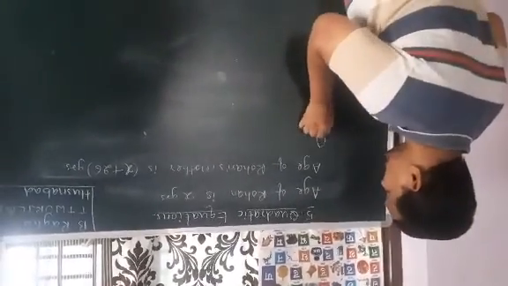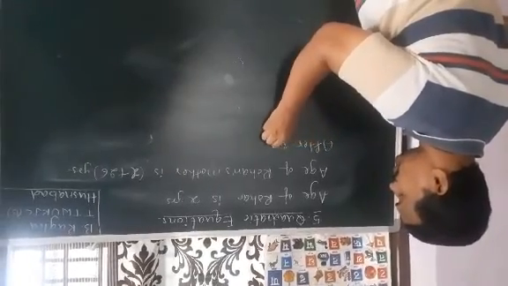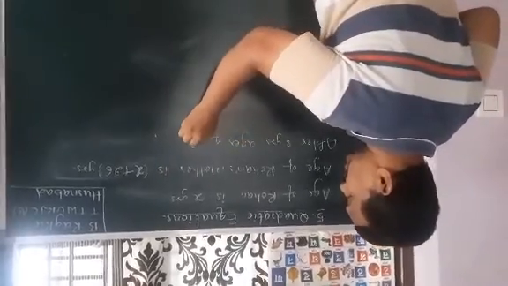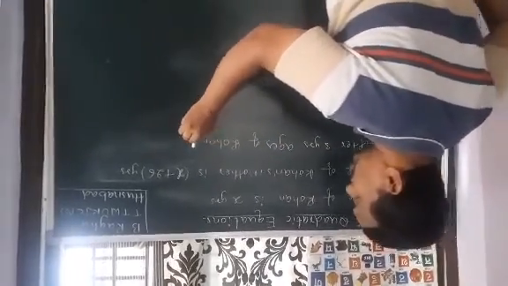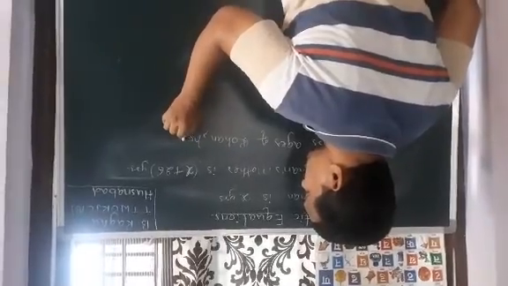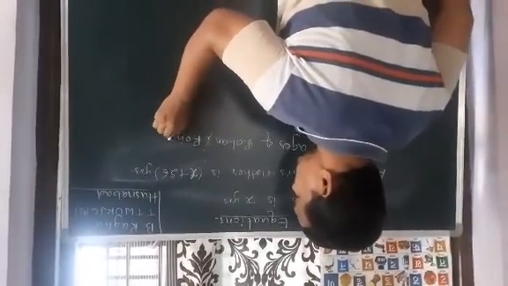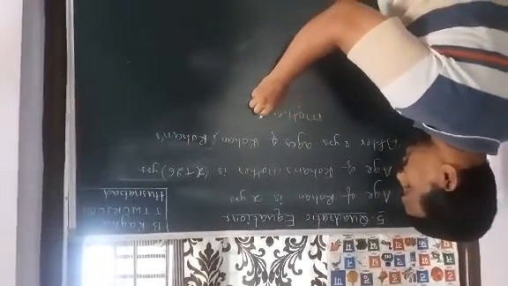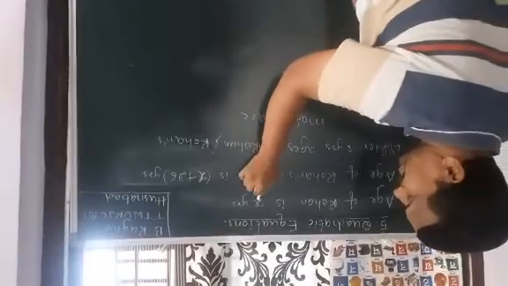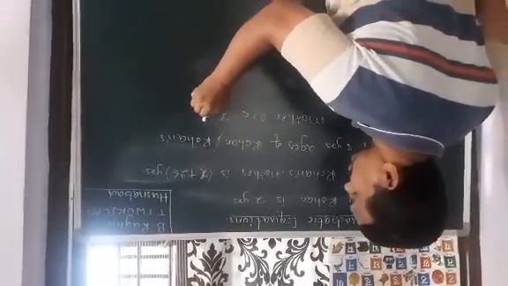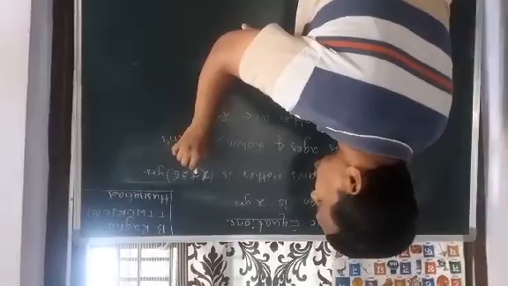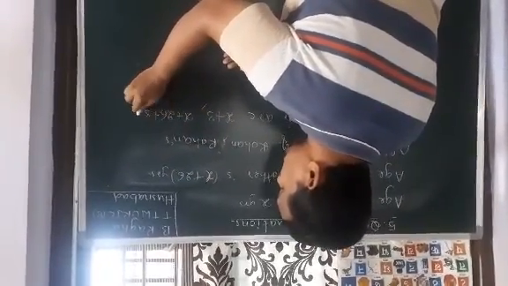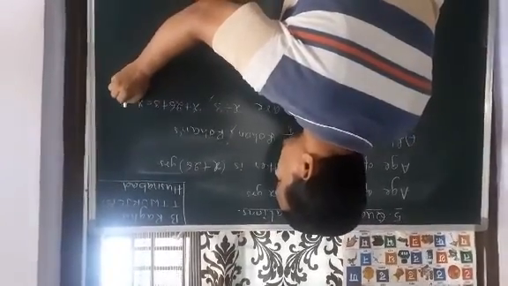So Rohan's age after 3 years is x plus 3, and his mother's age is x plus 26, adding 3, x plus 26 plus 3, that is x plus 29.